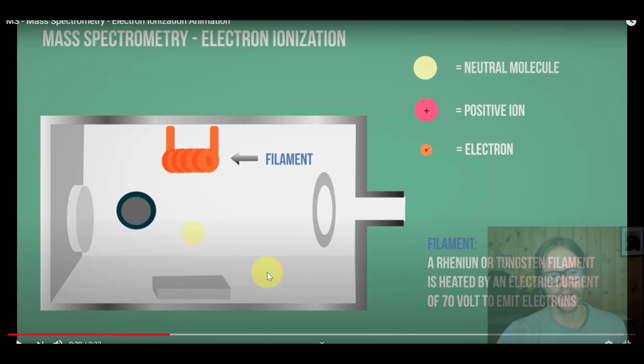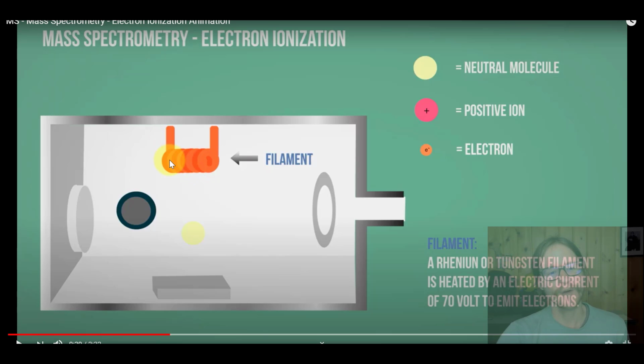This entire box here is being pumped out, so there's virtually no air in there. This is under vacuum. And this filament could be a tungsten filament like you'd see in an incandescent bulb. A large amount of current is passed through it such that it starts to heat up ohmically.